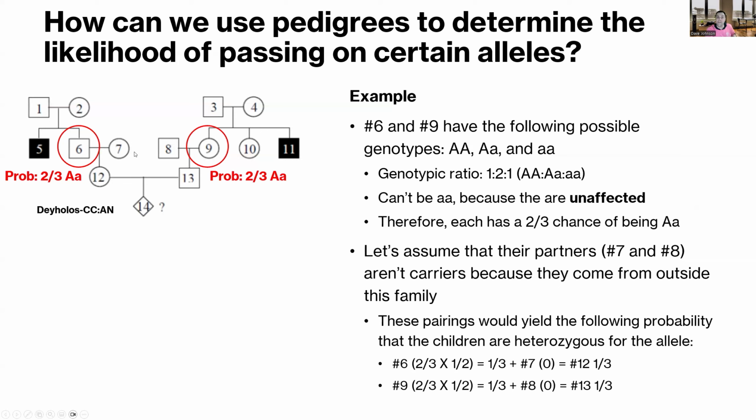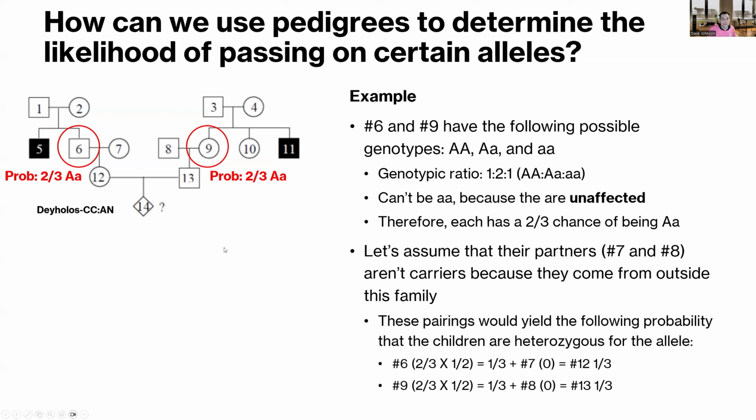And we are going to make the assumption that 7, the woman who has children with 6 and produces 12, and 8, the man who produces 13 with 9, are not disease carriers, and we know they're not affected. Why are we making that assumption? Well, let's just assume that there's no history of this particular disease in 7's family or in 8's family, which would mean there's not really a chance that they're a carrier, and we know that they're not affected.